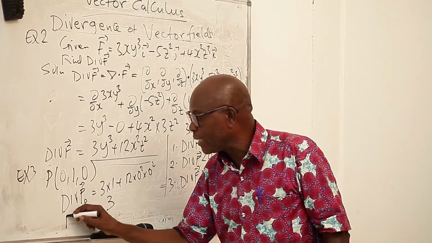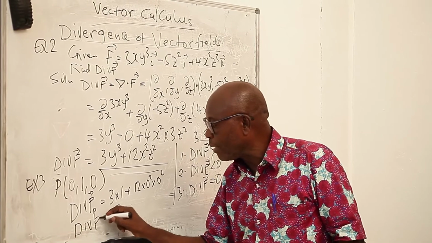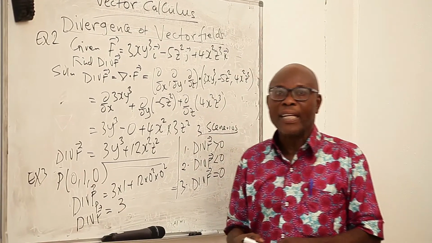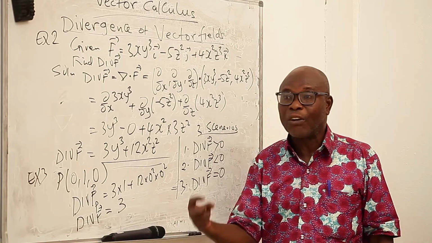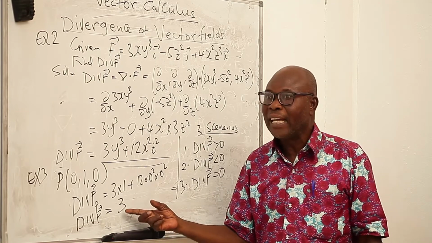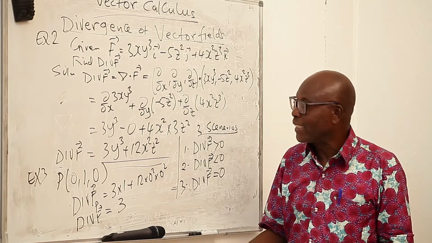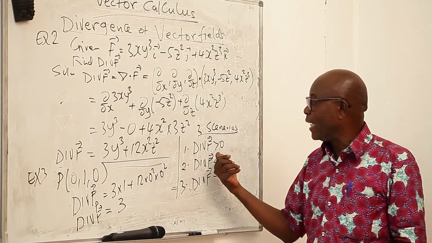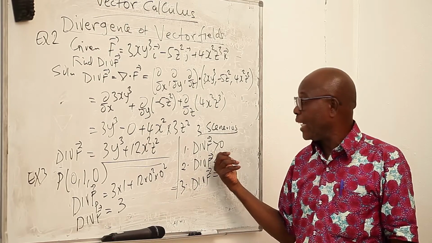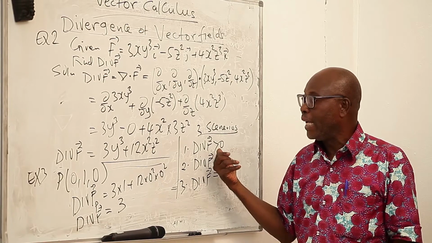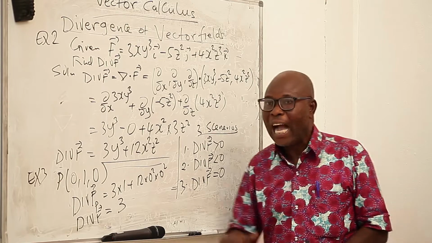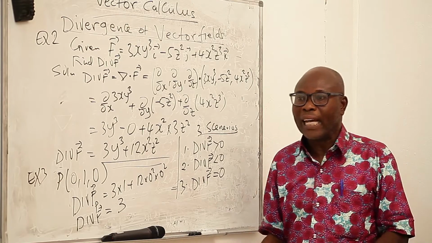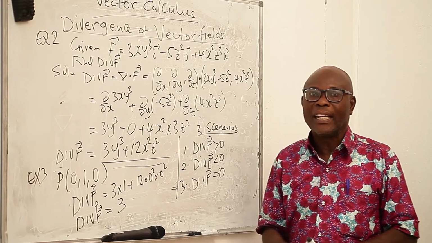So it means that at the point P, which is given as 0, 1, and 0, the divergence at that cross-sectional point is 3. This means that if the divergence is greater than 0, in this case, it falls under scenario 1, it means that the outflow vector is more than the inflow vector.